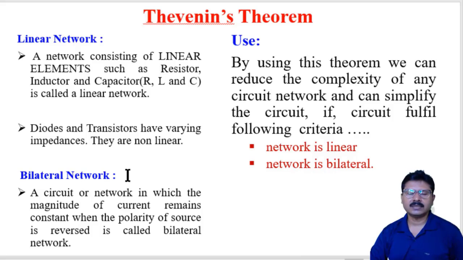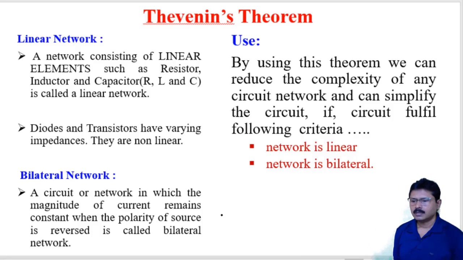What is a bilateral network? A bilateral network is a particular network where, if we reverse the polarity, the magnitude of the current is the same. Say a simple network having two resistances, and here this is plus 10 volt and this is ground. Whatever current flows through this path, say the current is 5 ampere.